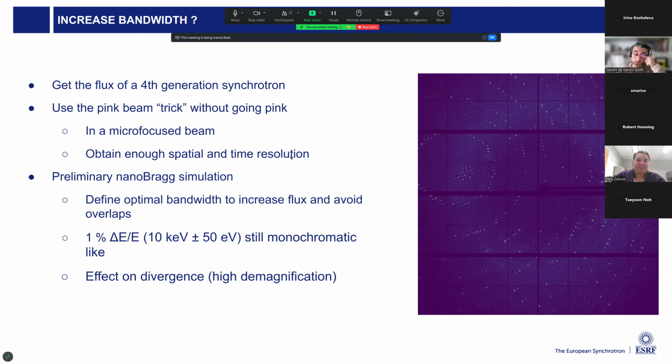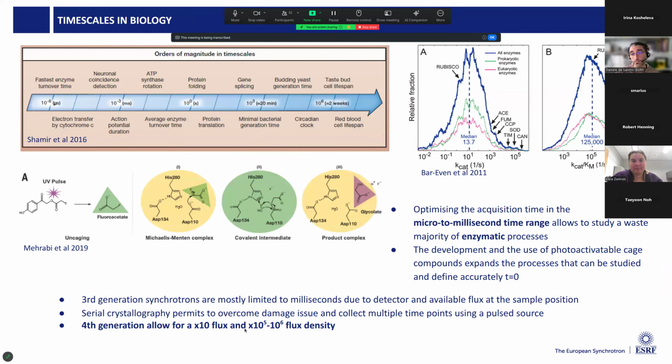Back when we were still drawing the potential optics of the beamlines, we did a lot of simulation, at the time with nanoBragg, to find a good compromise: increasing the flux, avoiding overlaps across the spots, and considering the effect of the divergence on the spots produced by the diffraction, because we wanted a very high spatial resolution. And last but not least, also the heat load produced both on the optics and on the sample.